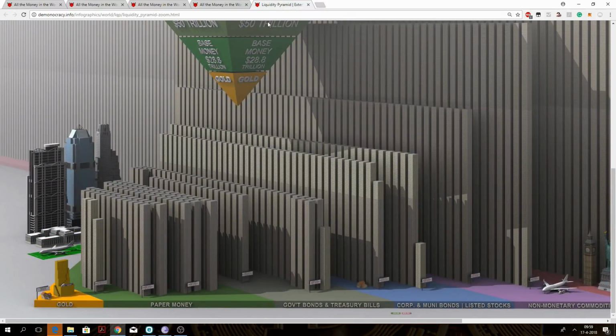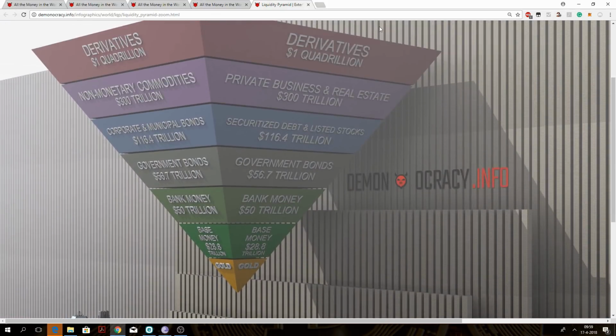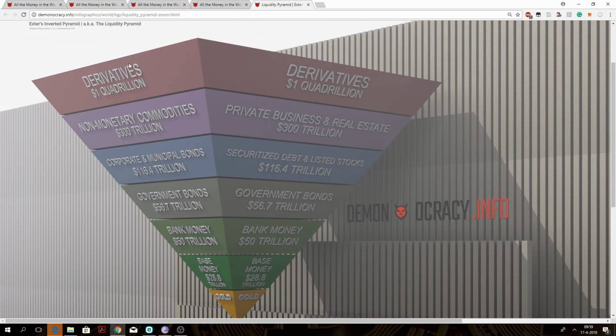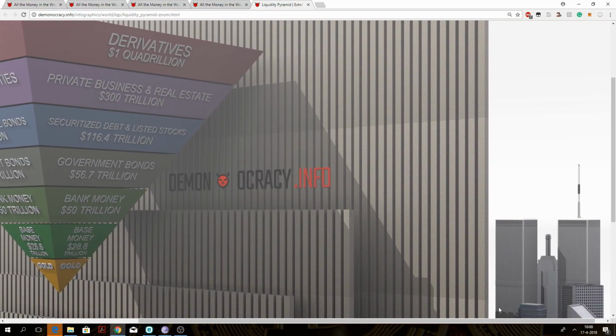Now, I've got a nice picture here. This is all the money in the world visualized. So we have our inverted pyramid here. It starts with gold, then we add cash, we add bank money, which is virtual money. You've got government bonds, corporate and municipal bonds, all the way up to derivatives. There's about 1 quadrillion USD in derivatives, and this is visualized in the background here with all this cash.